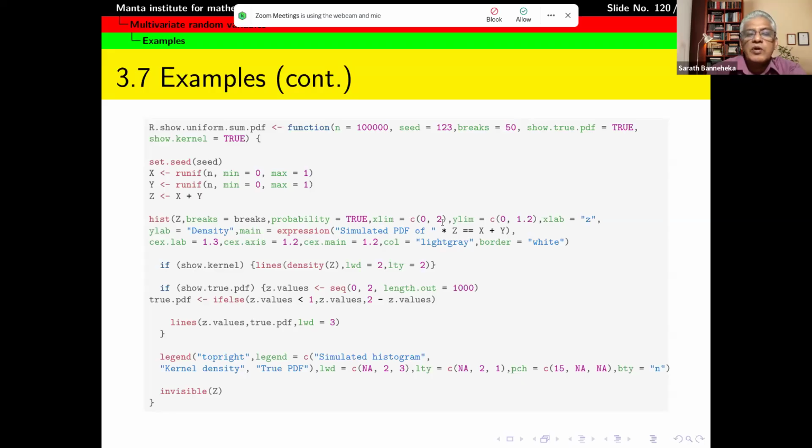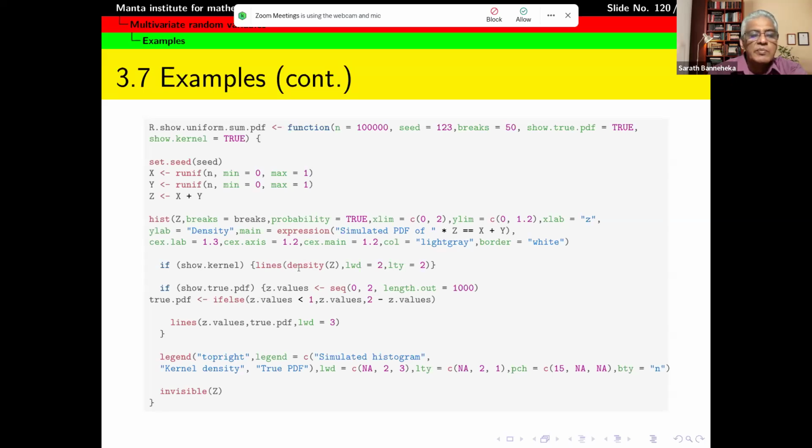And xlim I have given to be 0, 2, because we know that Z values lie between 0 and 2. It's called xlim because the x axis represents Z. And ylim, I have considered a reasonable limit. Then this will draw the histogram.